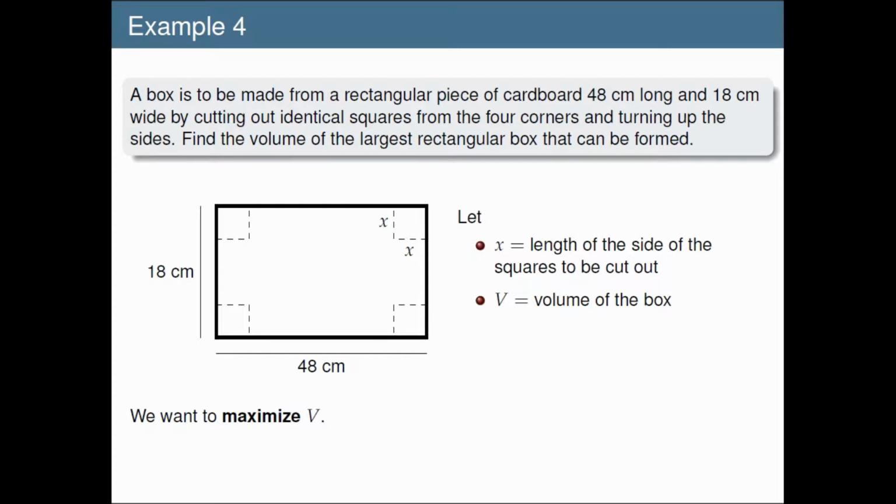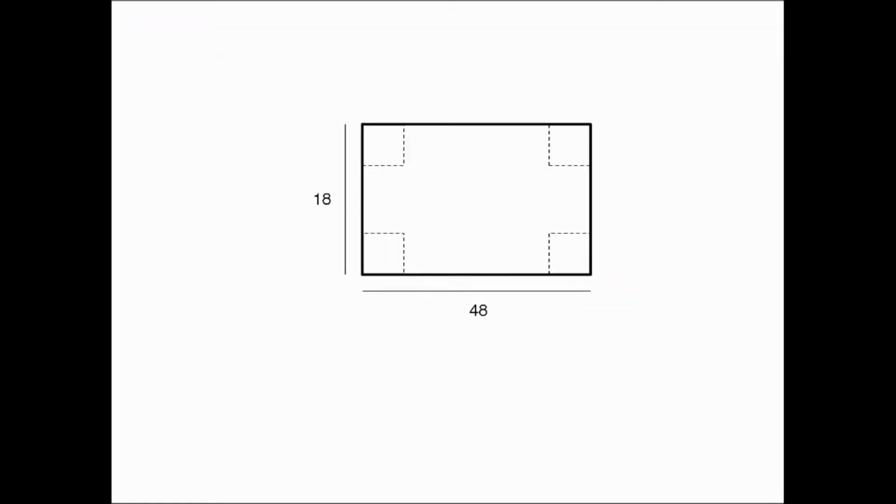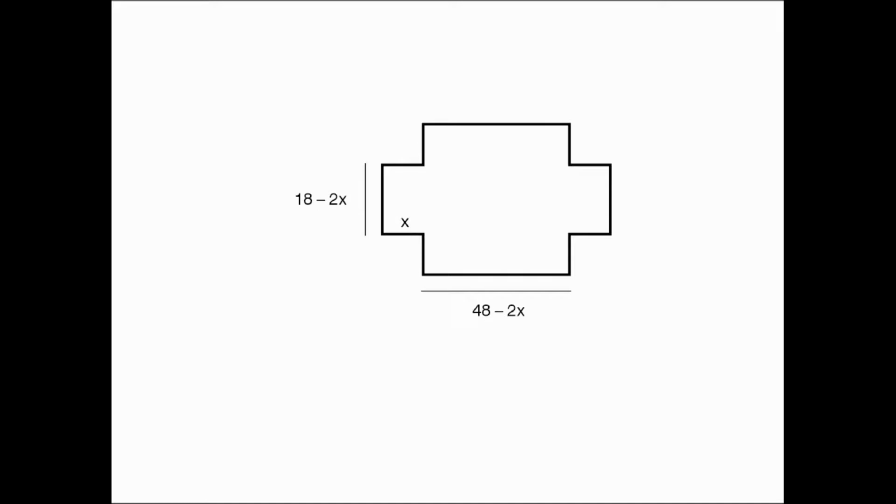But before that, pakita muna natin kung paano na gawa yung box na yan. Ito yung rectangular piece of cardboard. Dito daw ika-cut yung mga squares. After the squares have been cut, ganito yung itsura ng cardboard.